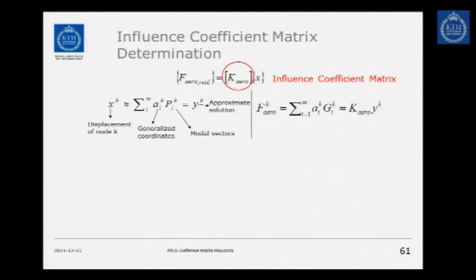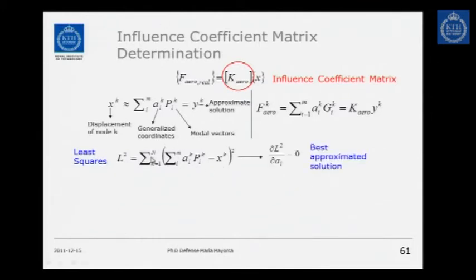In the same way, the responding aerodynamic forces can be represented as a linear combination of the modal forces due to the oscillation of modal vectors in the CFD. This would be equal to my original equation. If I minimize my approximation to the best solution, the derivative of that is equal to 0.